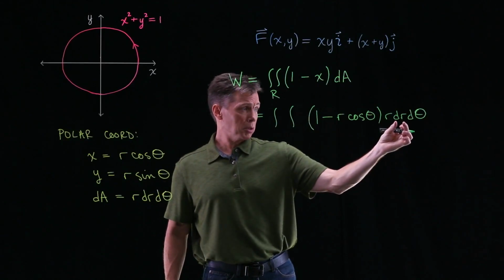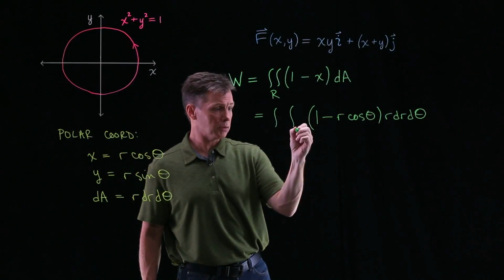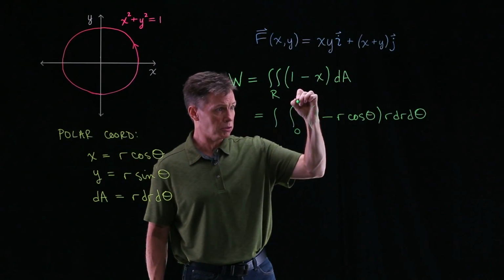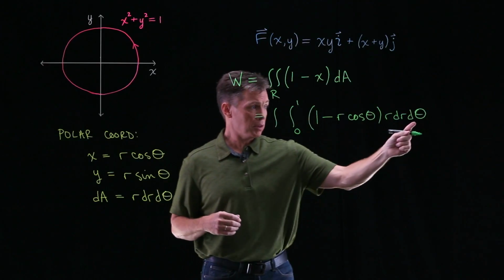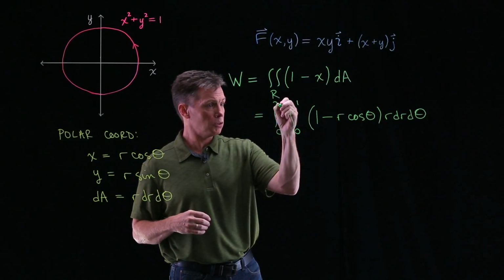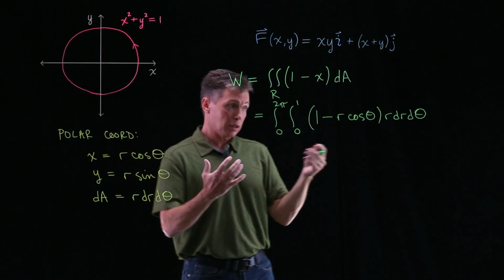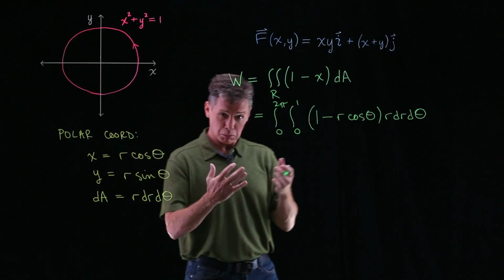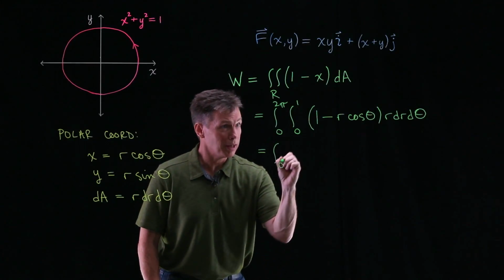The first variable that I'm integrating with respect to here is going to be r. And so the limits there, it starts at 0 and goes to 1 for this region of my unit circle. And for the theta, it's going to start at 0 and go to 2 pi for the full circle. All right, now everything's in terms of r's and thetas, and we're ready for a double integral here. Let's get to that.